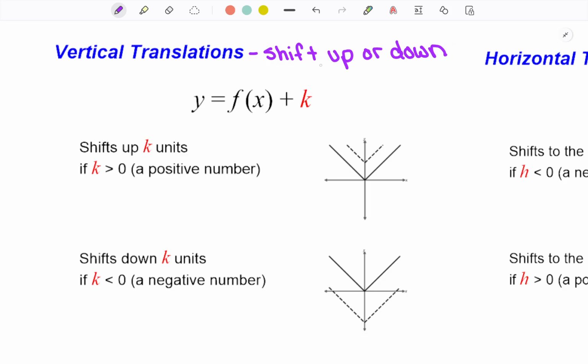And so this is always added or subtracted at the very end of the function. So if it is added, you are going to shift up k units. And then if it is subtracted, you are going to shift down.